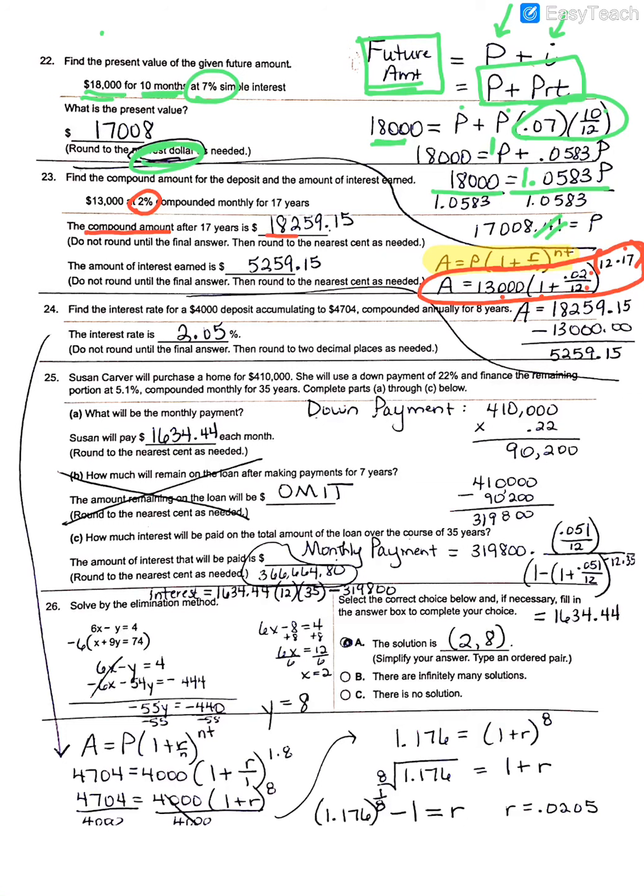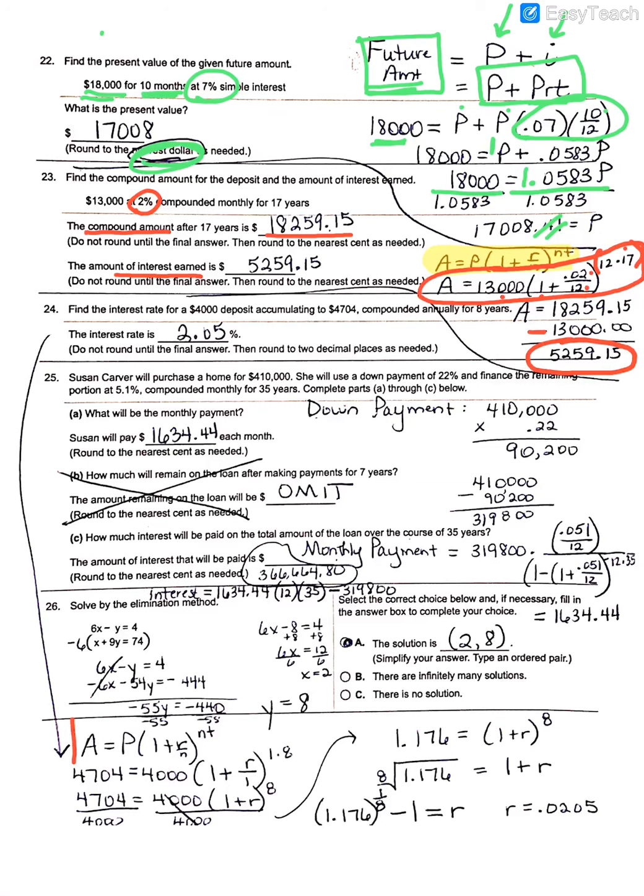That's the $18,259.15. The second question wanted to know how much interest was earned. So in order to do that, if you subtract the original deposit, that's going to leave you with the amount of interest. So that's where I'm getting the $5,259.15.